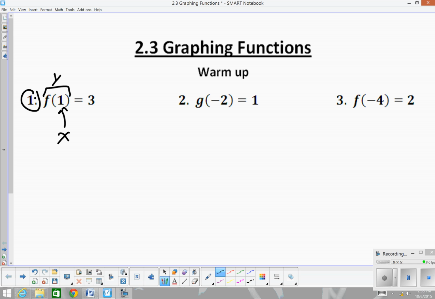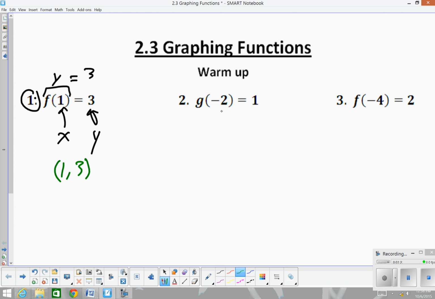F of 1 is saying the same thing as y because that would be f of x. So what does y equal? Y equals 3. Sorry, let me just write that that is my y. Okay, like that. So now if I wanted to write x comma y, all it's going to be is 1 comma 3.